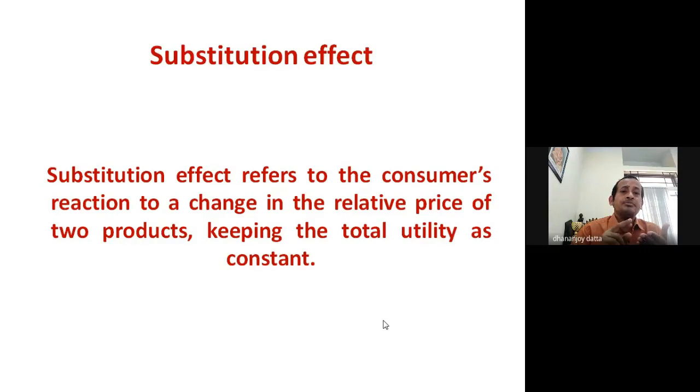So with 100 rupees, the customer was able to purchase 2 chocolates or 1 pizza. If the pizza price comes down to 50, then with 100 rupees the customer will be able to purchase 2 pizzas, and chocolate will remain the same, 2 chocolates.